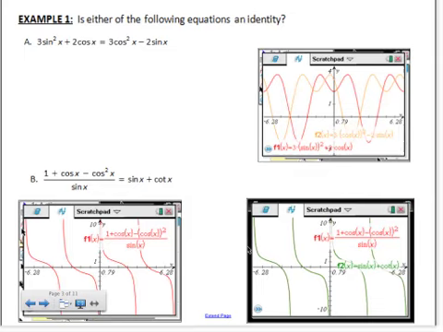All right, so let's look at A. We're going to graph 3 sine squared x plus 2 cosine x in our f1 of x, and this is in our f2 of x.